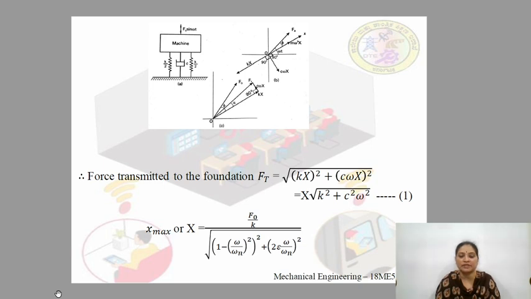Now, the equation for the maximum displacement, capital X, is equal to F naught by K divided by square root of (1 minus (omega by omega n) square) whole square plus (2 zeta omega by omega n) whole square.